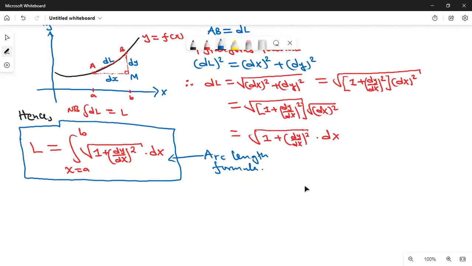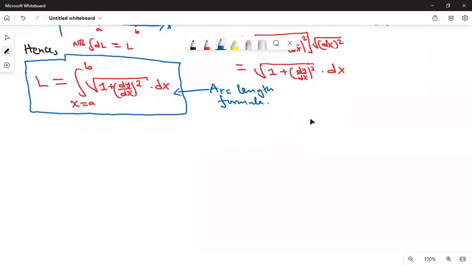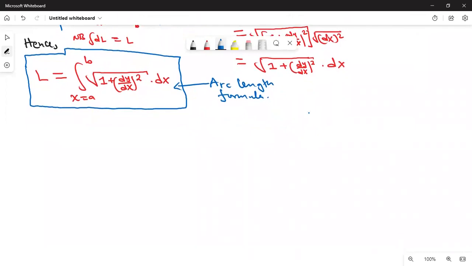What if your x and y are given as parametric functions? So we are going to take note, NB. You can write that if x is a function of t and y is also a function of t, it can be t, it can be theta, as long as they are defined parametrically.